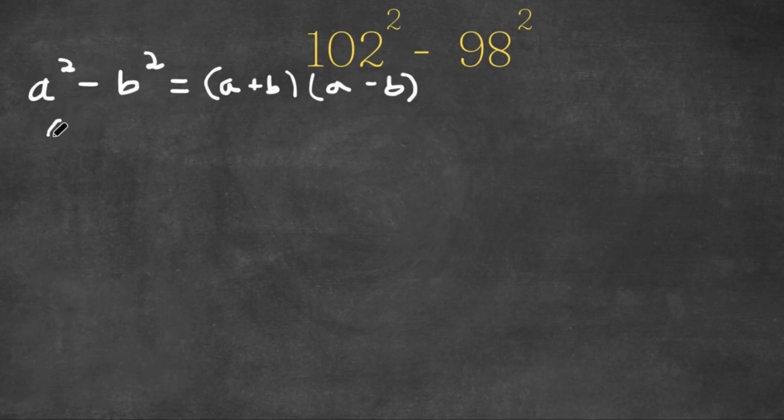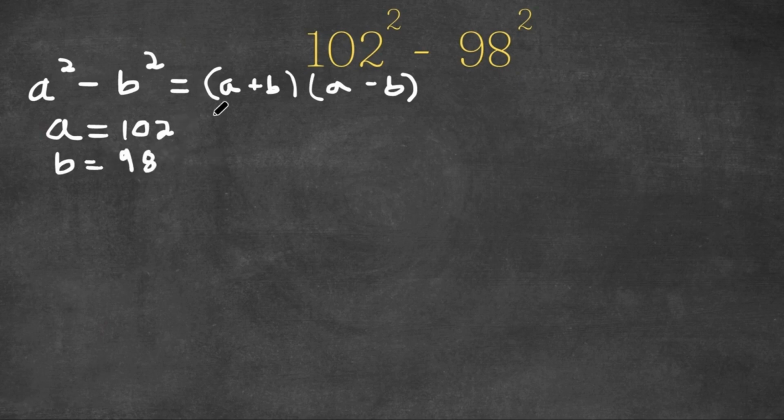So we can think of a as 102, and then we can think of b as 98.